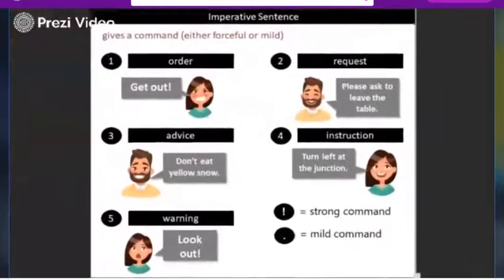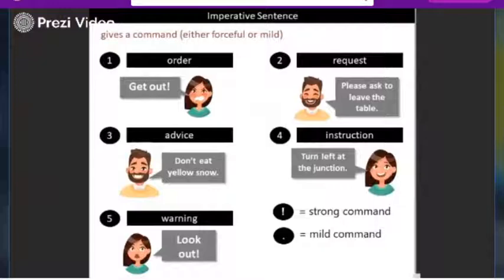Now, a request. A request means un pedido, una solicitud. So in this one, you have to please ask leave to leave the table. Ask leave, permiso para retirarte. Instruction, like when I give you, open your books, close the door, sit down. Except when you are talking so much and I say, oh, be quiet, please.